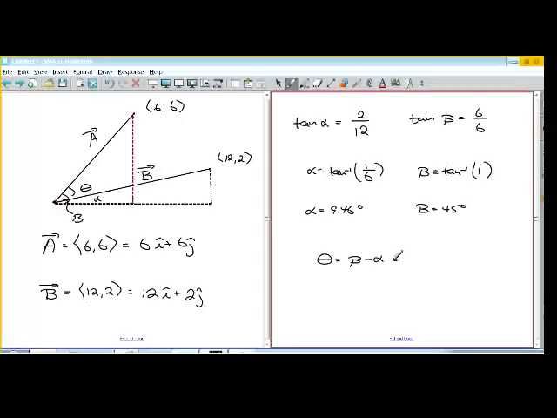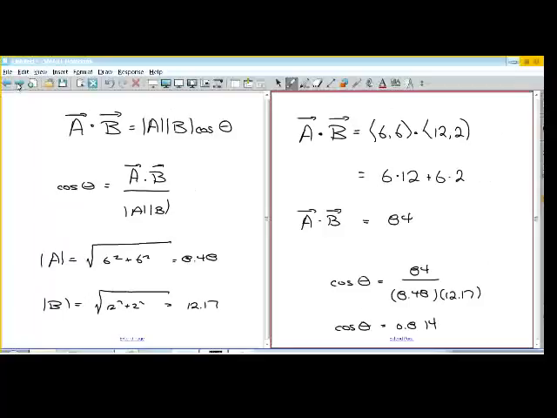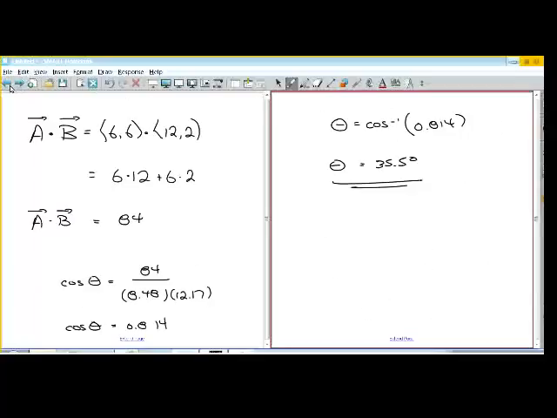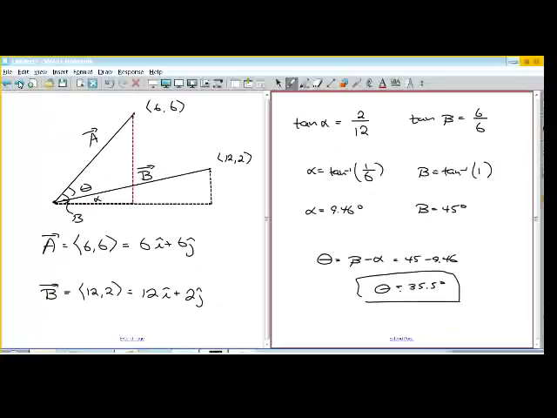If you take the whole angle and subtract alpha, that leaves theta, and you get 45 minus 9.46, which is 35.5 degrees. 35.5 degrees is theta. So that's how you do it using the geometry, using components, and using the dot product we came up with the same answer, 35.5 degrees.